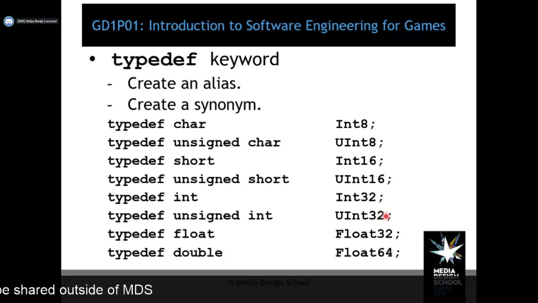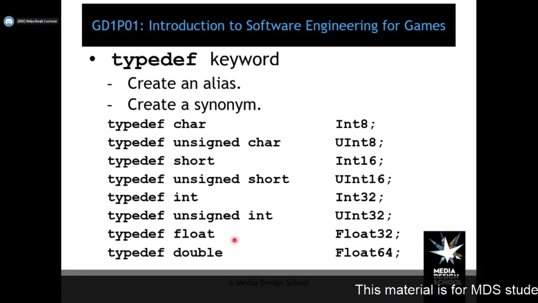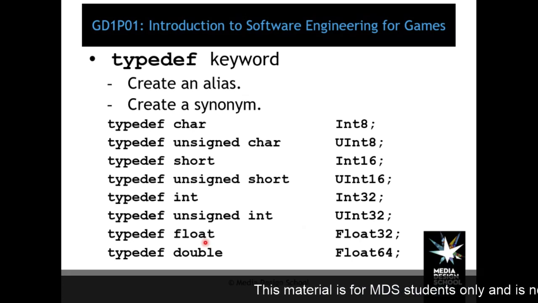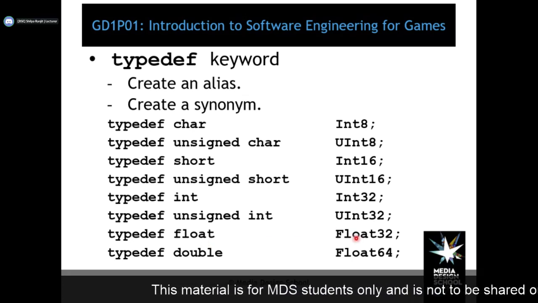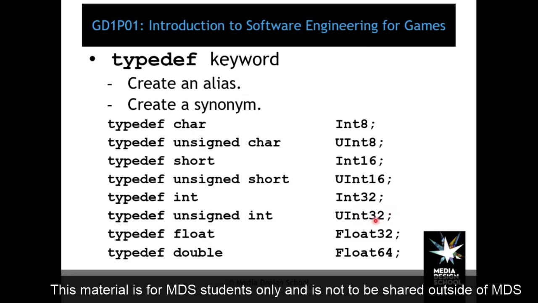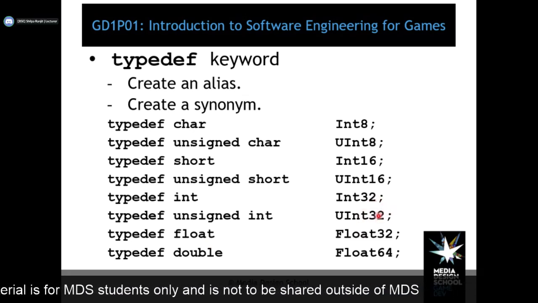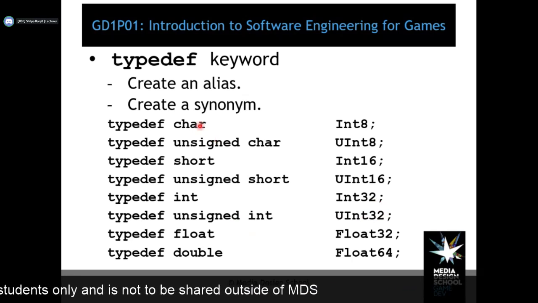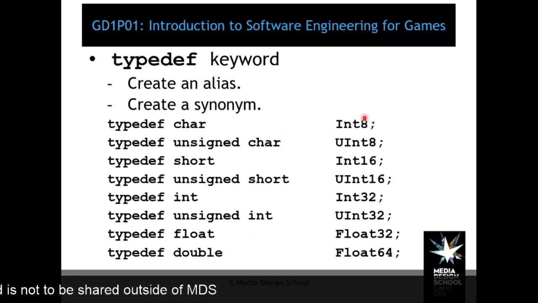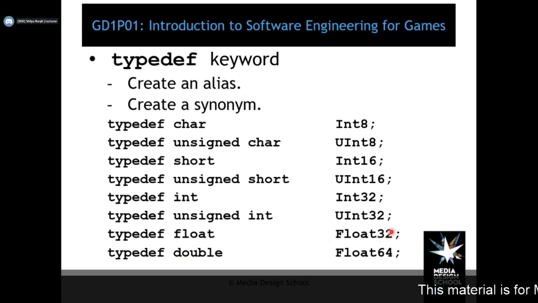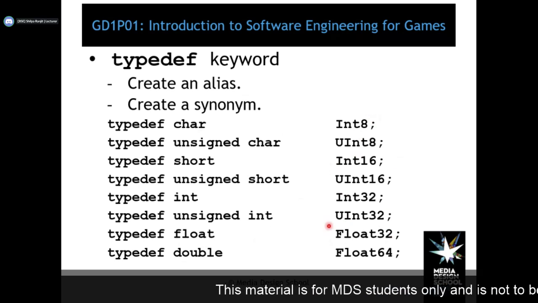So if you want to make it more clear to the programmer how many bits of data it can hold, you can do that. Sorry, it's not bytes, it's bits. So over here, as you can see, char is int8, which indicates that there are 8 bits of data. Or in the case of float, typedef float32. So you know it's a float variable, 32 bits of data. So that is one reason why you might go for these sort of aliases.